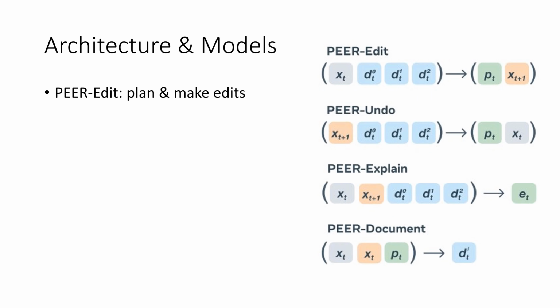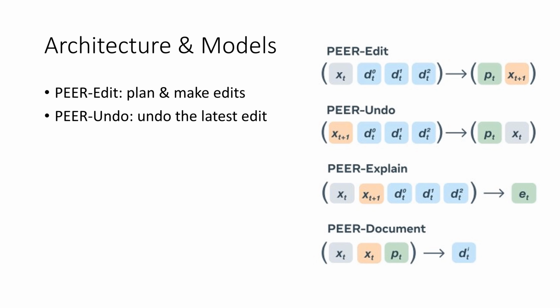The data for training comes from the edit history on Wikipedia and other platforms. To ensure the model generalizes to other domains, multiple model instances are trained to learn different parts of the edit process. Specifically, there are 4 T5 models in total. The first model learns to plan and make edits given the input text and documents.